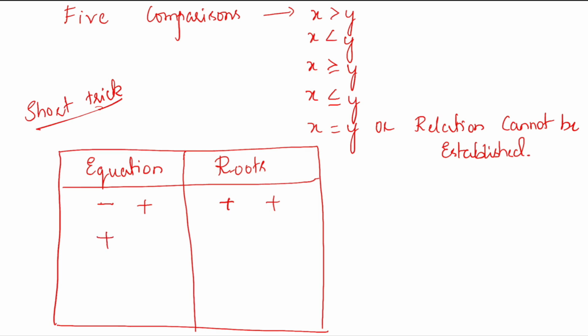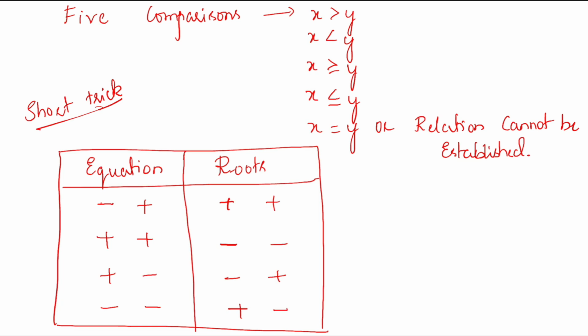If in the equation it is plus plus, then the roots will have minus minus values. If in the equation we have plus minus, then the roots will have minus plus. And lastly, if it is minus minus, the roots are plus and minus. This is a very important table, and if you know this table, you can solve any quadratic equations within a few seconds. We'll see how when we solve the problems.